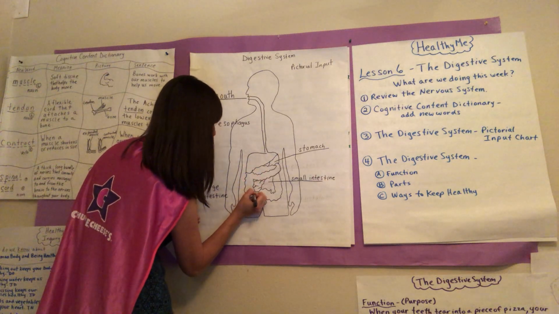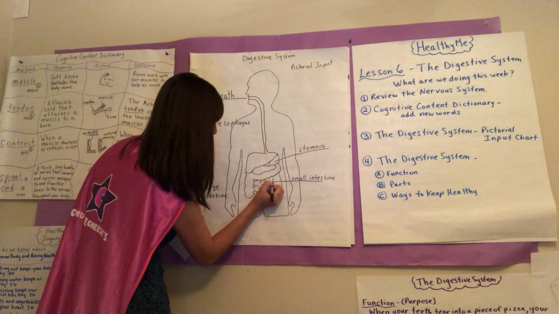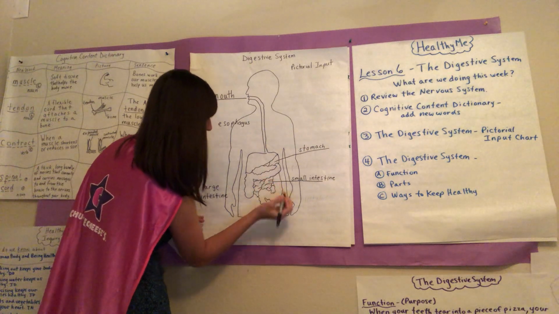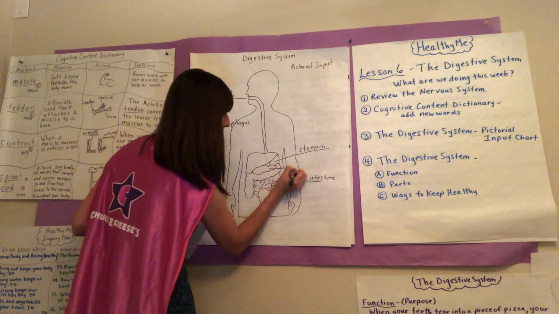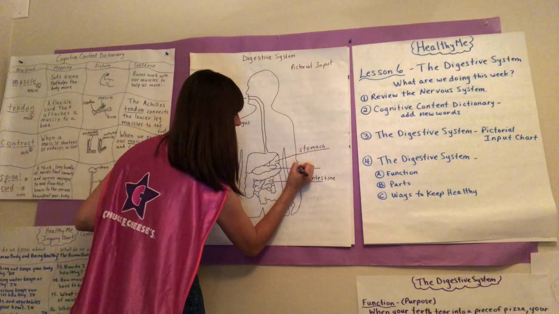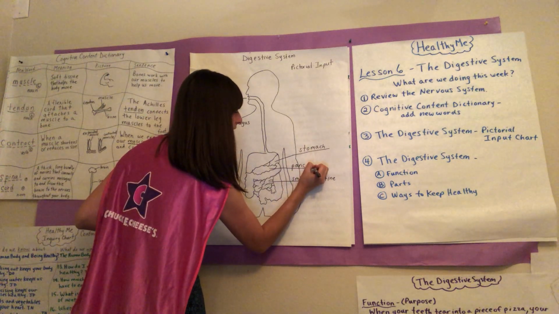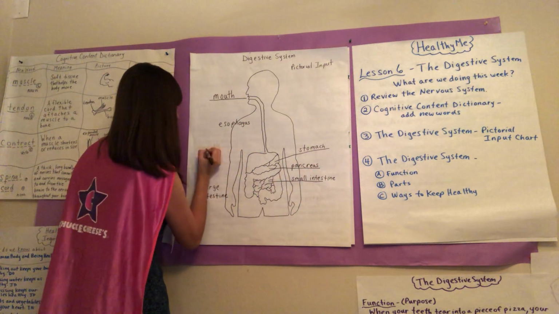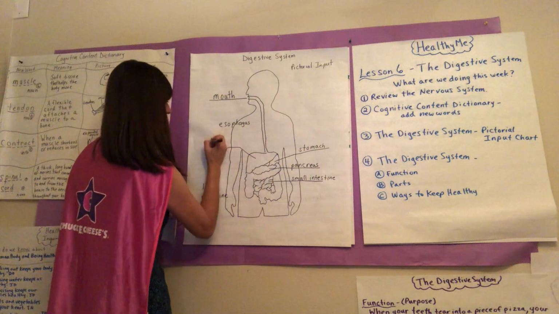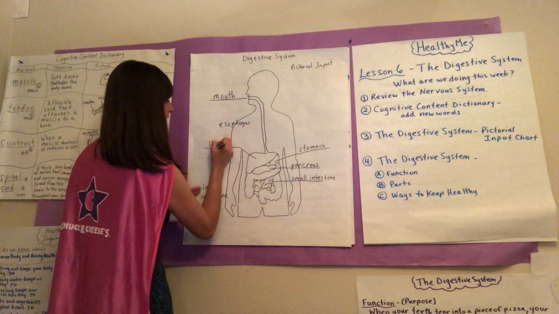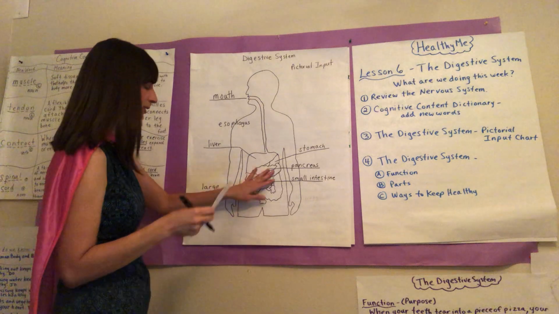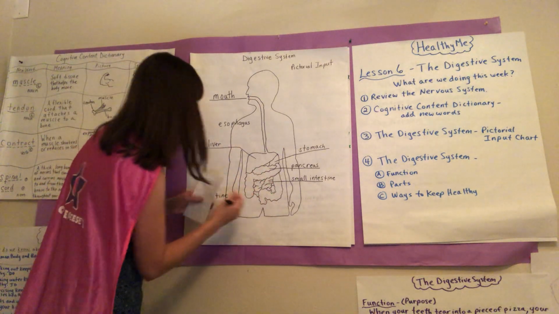I'll just draw this so that you have it here. There's all these little spaces. Okay, here we have the pancreas. And the pancreas helps the small intestine also continue to break down food.